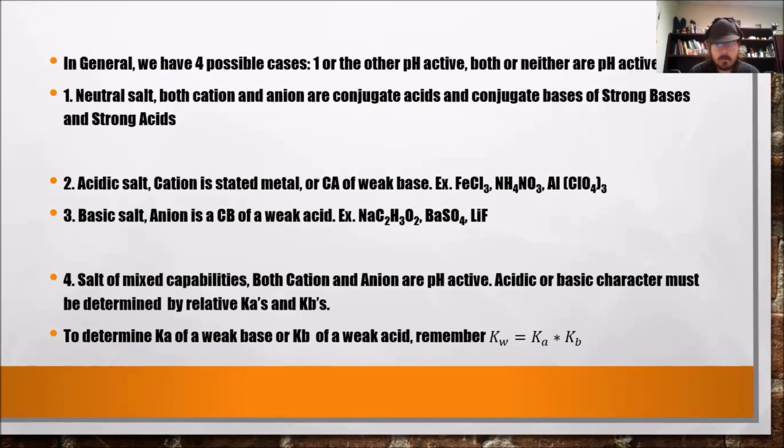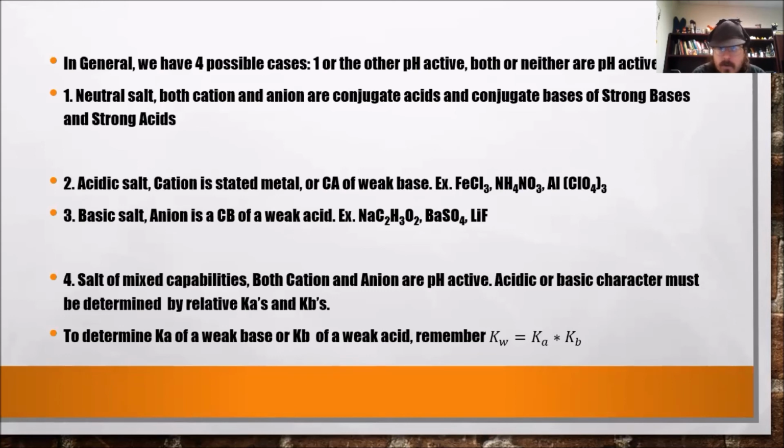So sodium is a neutral ion because if you add a hydroxyl onto sodium, you get sodium hydroxide, which is a strong base. If I have chlorine and add a proton to chlorine, I have hydrochloric acid, which is a strong acid. So a strong acid will make a neutral salt.